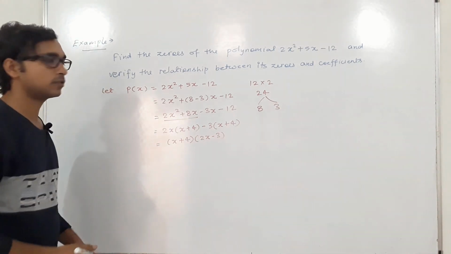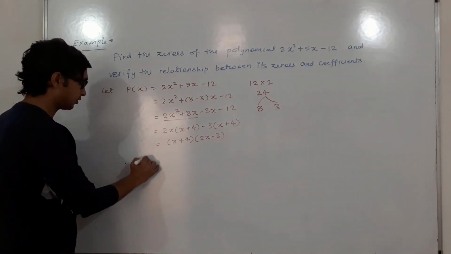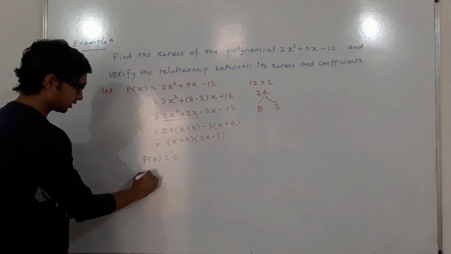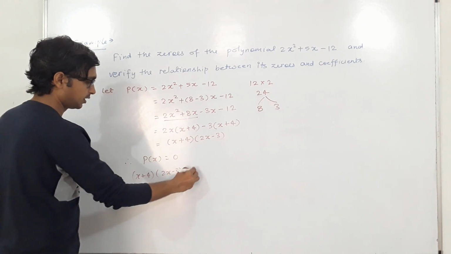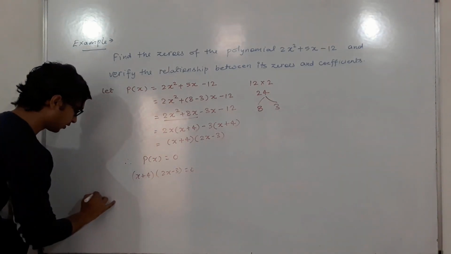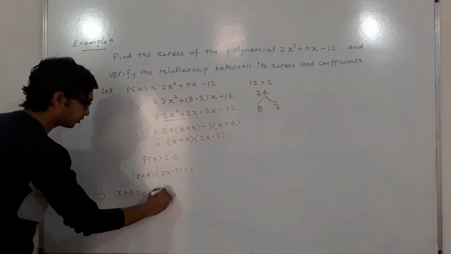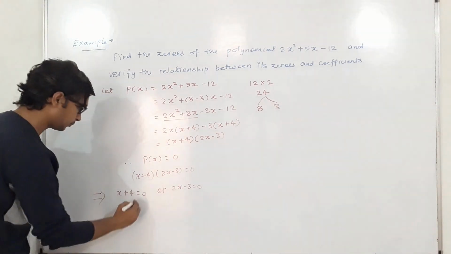So first of all we have to find its zeros. So we write here therefore p of x equals to 0. So x plus 4 and 2x minus 3 equals to 0. So it means that x plus 4 equals to 0 or 2x minus 3 equals to 0.